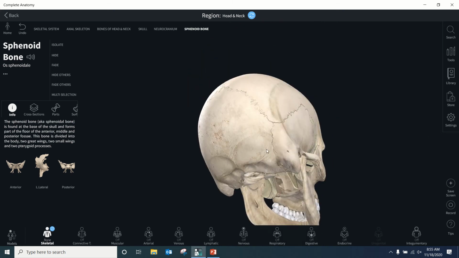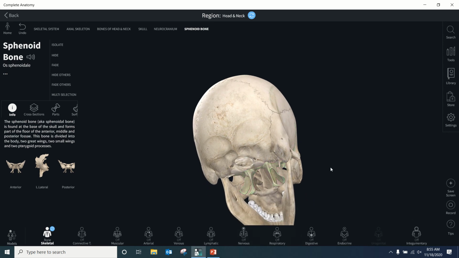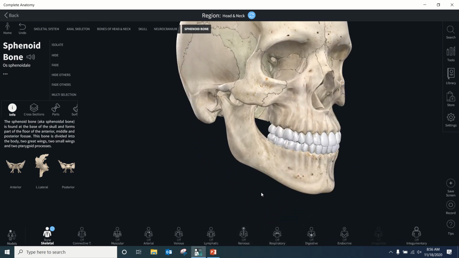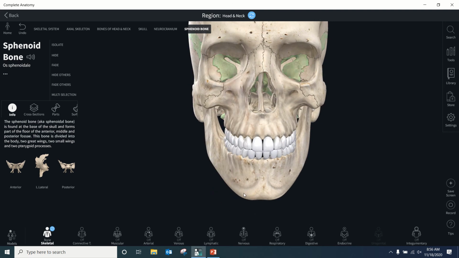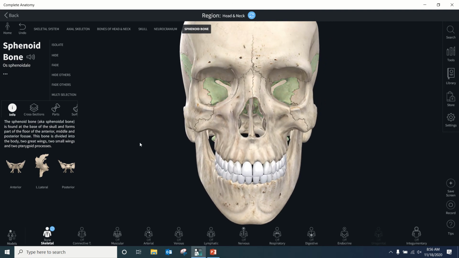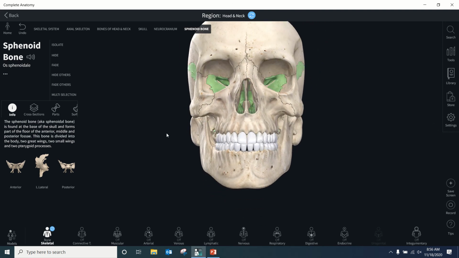If I look up underneath, it articulates with the occipital bone through here. That's why it's called a keystone bone of the cranium, because it articulates with all of the others. So that's your sphenoid bone. You can see it also makes up, way back, the most posterior aspect of the nasal cavity. So the sphenoid bone, one of the ones I'm sure you've never heard of, does quite a few things.